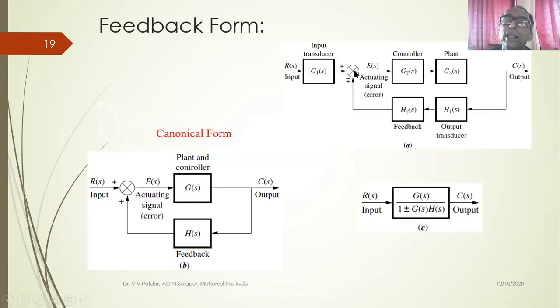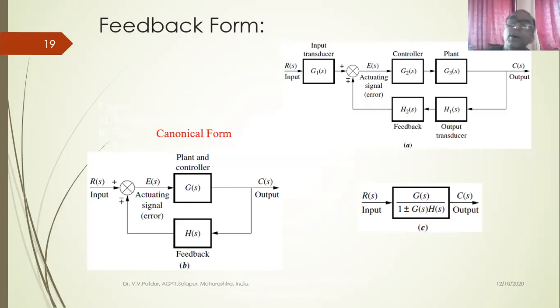This minus this will be the error signal or the actuating signal. This actuating signal will be processed by the controller. So the actuating signal multiplied by G2(s) will enter the plant, which has the transfer function G3(s), and that multiplied by G3(s) will be equal to C(s). If I write equations like this and solve them for C(s) and R(s), I'll get the transfer function.